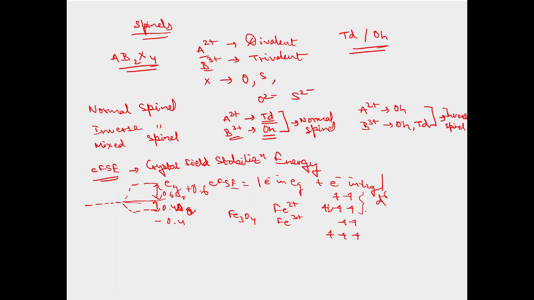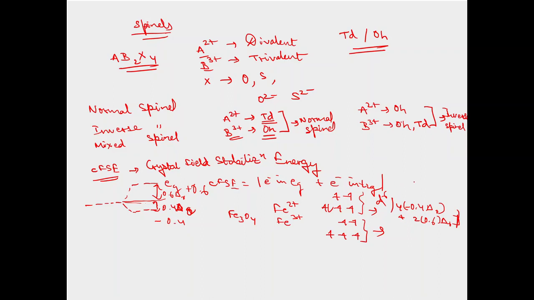If we calculate the CFSE value for both, then for Fe2 plus, there are 4 electrons in t2g and 2 in eg: 4 into minus 0.4 delta O plus 2 into 0.6 delta O, and mod of this.